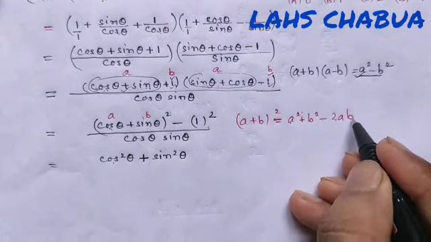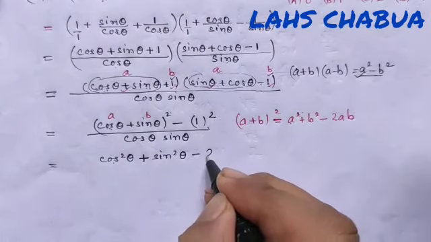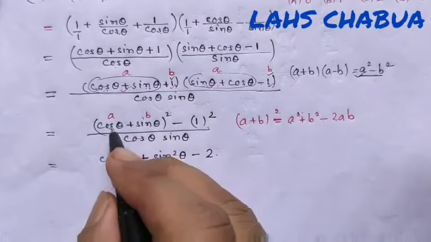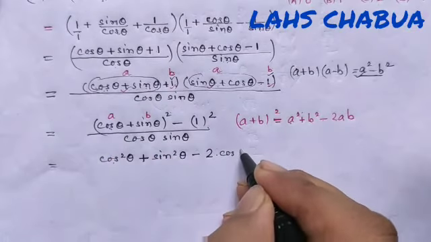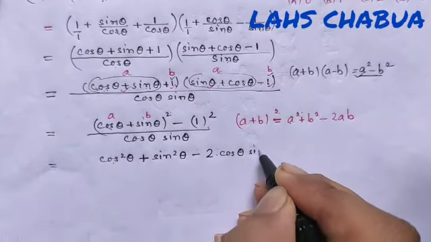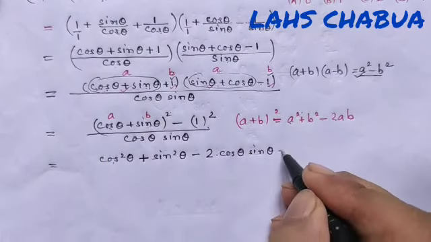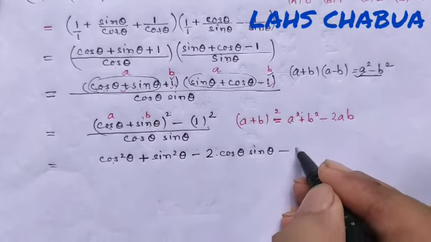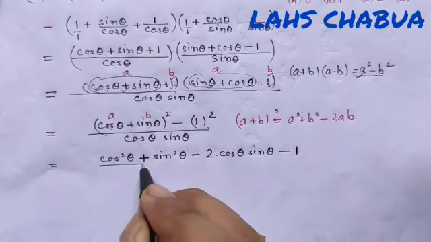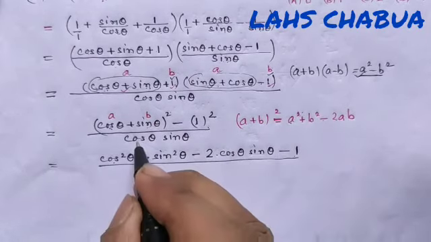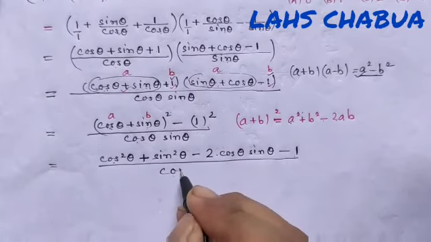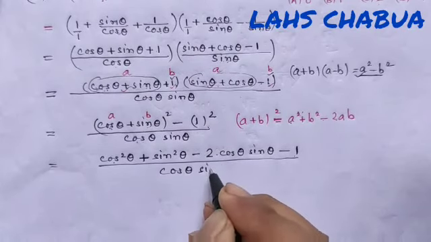Then plus 2 into A value into B value, A value is cos theta and B value is sin theta. Minus 1 square, it will remain the same, 1. Now see, cos theta into sin theta, it will remain the same.